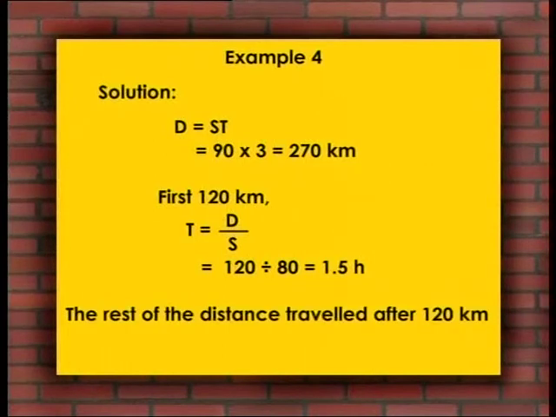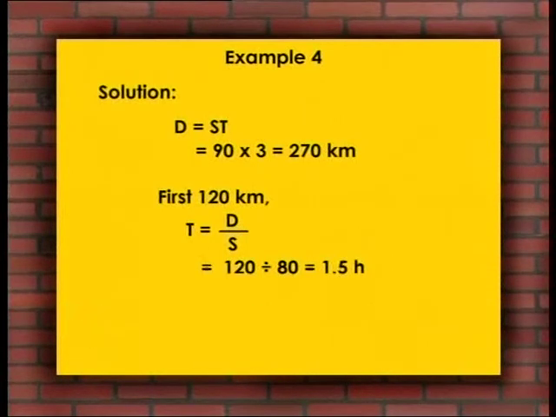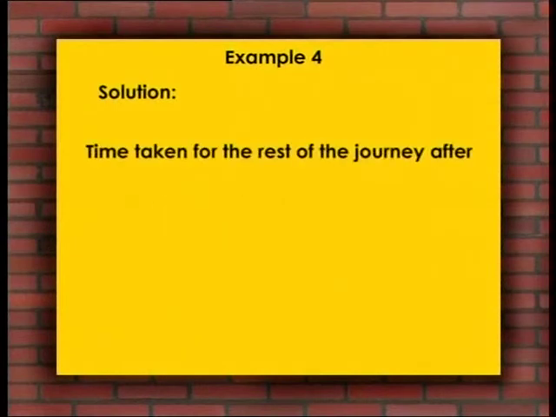The rest of the distance traveled after 120 kilometers equals 270 minus 120 equals 150 kilometers. Time taken for the rest of the journey after 120 kilometers equals 3 minus 1.5 equals 1.5 hours.